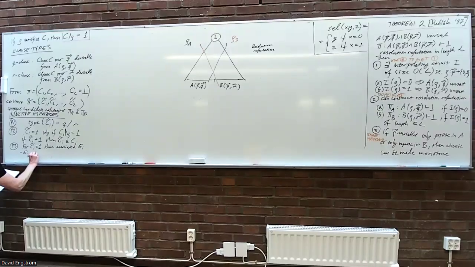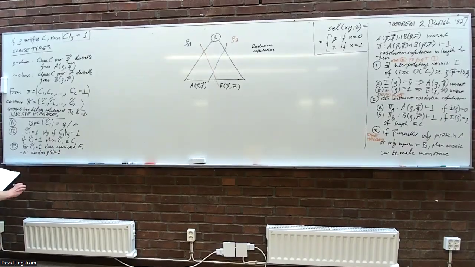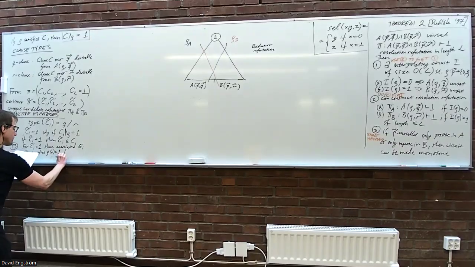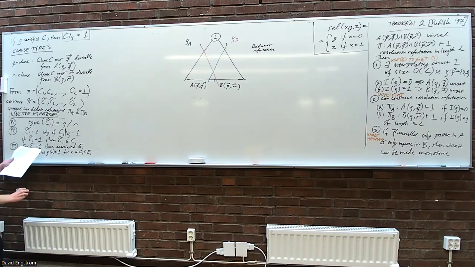It is satisfied by some literal A that rho sets to 1. And this literal A lives in both Ci and EI.